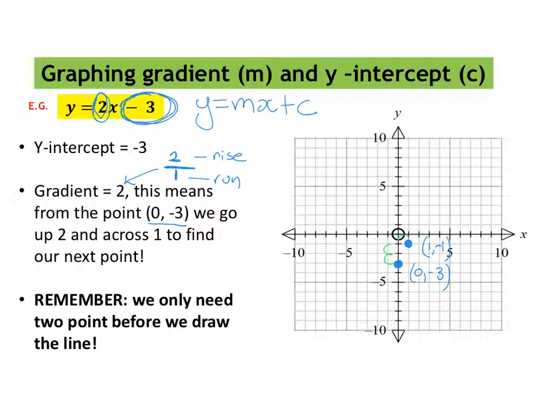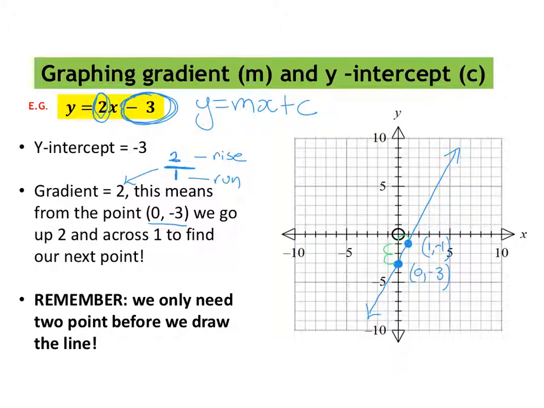And then I join them, putting those little arrows at the end. So it's always important to label the 2 coordinate points that we've used to plot the graph and then put the arrows at the end.